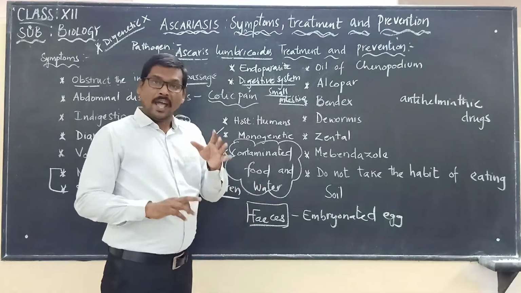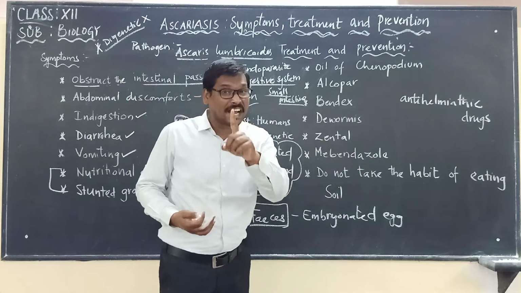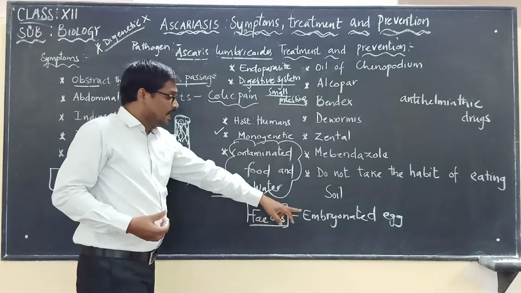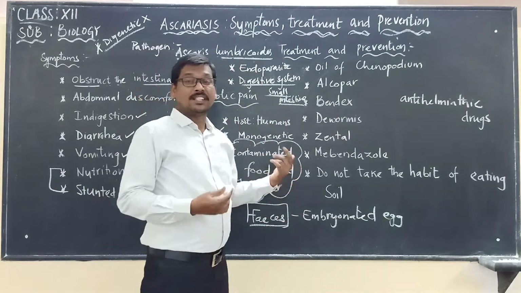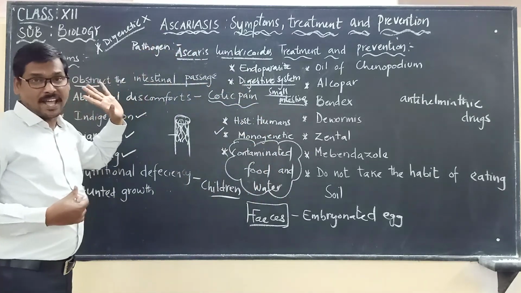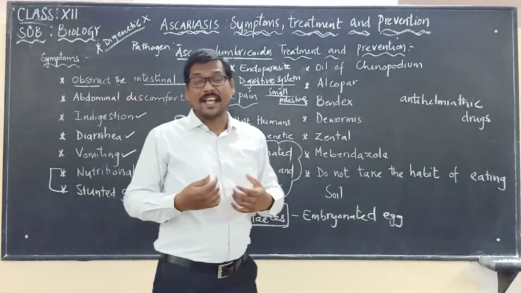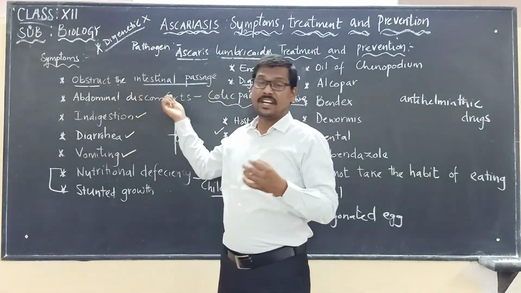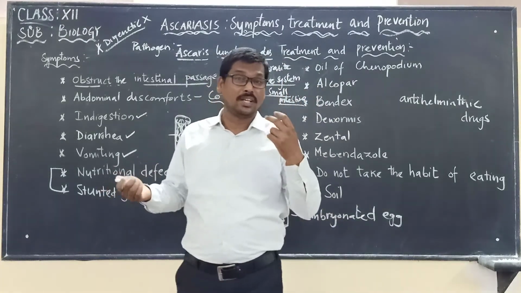That is one way. Otherwise, directly, when children are playing in soil contaminated with the embryonated eggs of Ascaris lumbricoides, there are chances that those children may suffer with Ascariasis. In some cases it is so severe that the worms obstruct the intestinal passage, and they may be eliminated through defecation also.